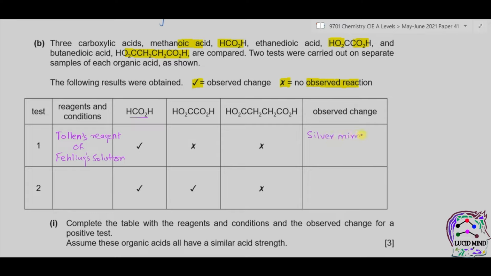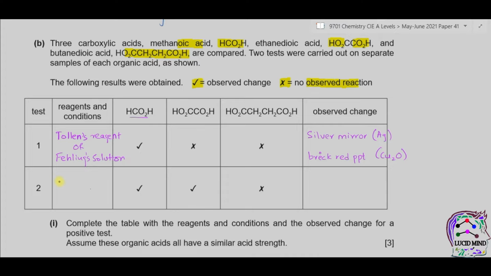If we use Fehling's solution then a brick red precipitate will be formed. Now these mild oxidizing agents cannot oxidize ethanedioic acid or butanedioic acid.